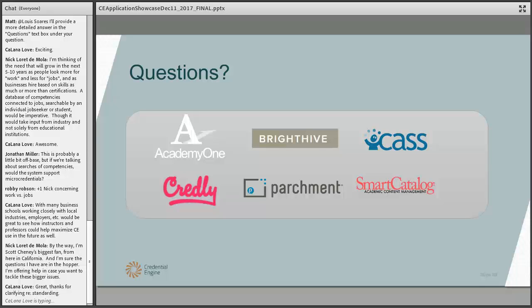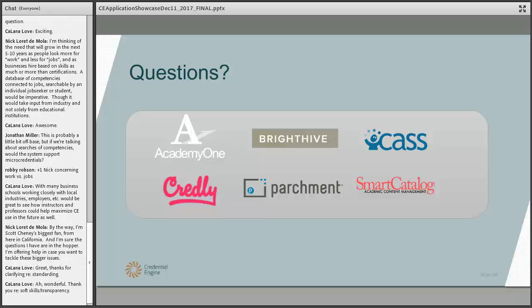And then Jonathan, no, your question is definitely on base. If we're talking about searches of competencies, would the system support micro-credentials? The answer is yes. So the Credential Engine, through research, has identified the current state of types of credentials commonly found in the United States, and certainly micro-credentials is one of those.